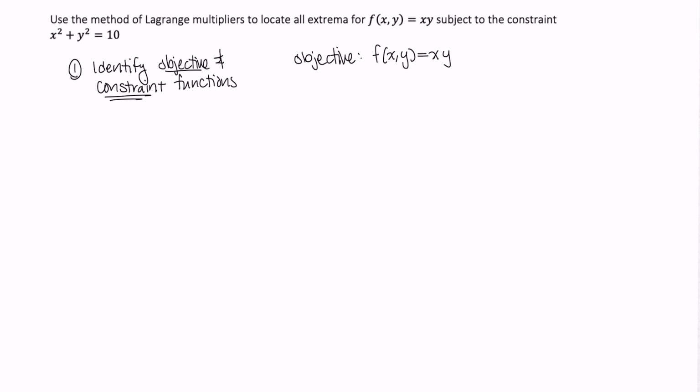The constraint is given by x squared plus y squared equals 10, and we're going to rewrite that as g of x comma y is equal to x squared plus y squared minus 10. So really, all I did was subtract the 10 from both sides.